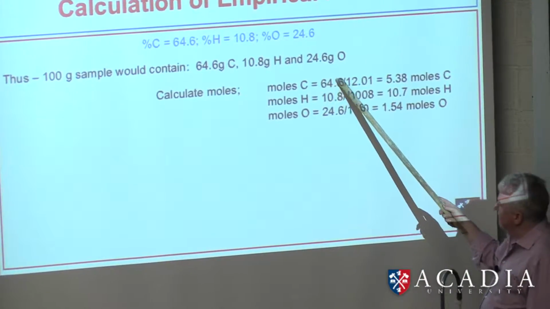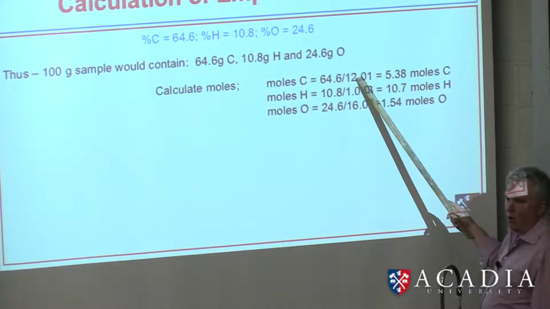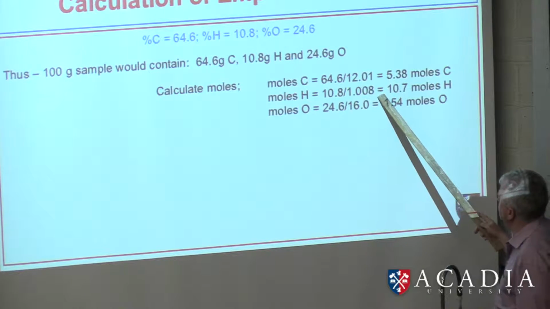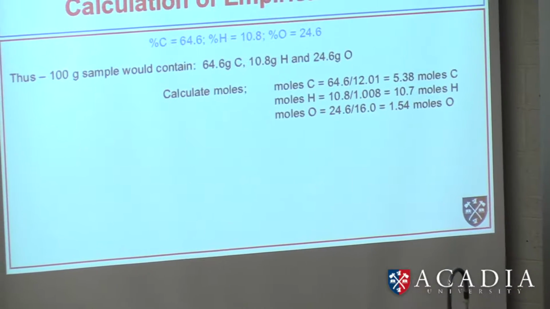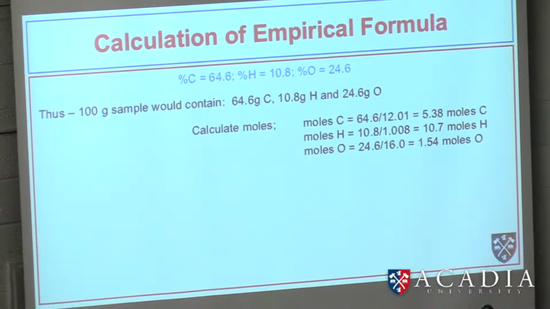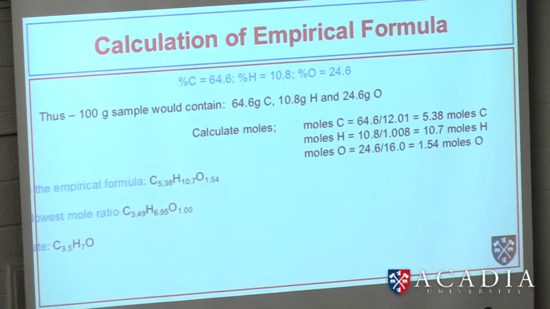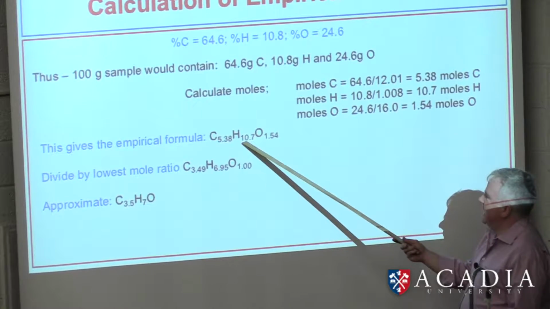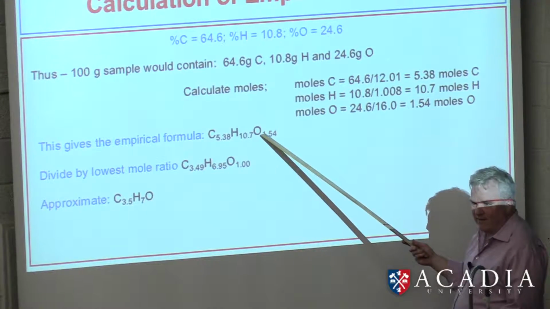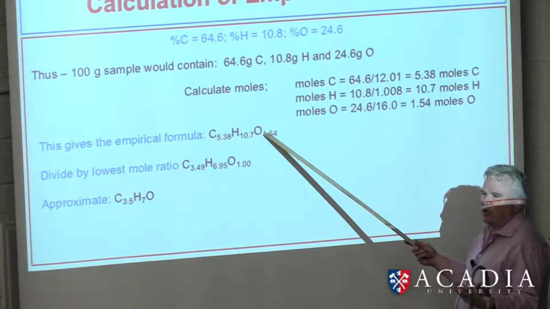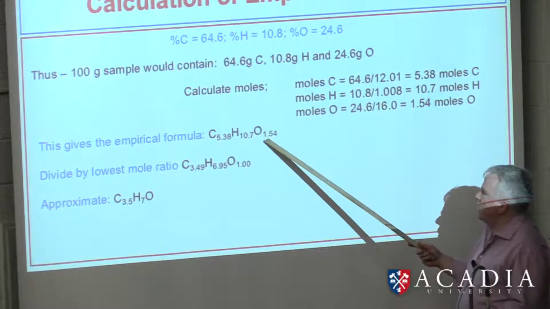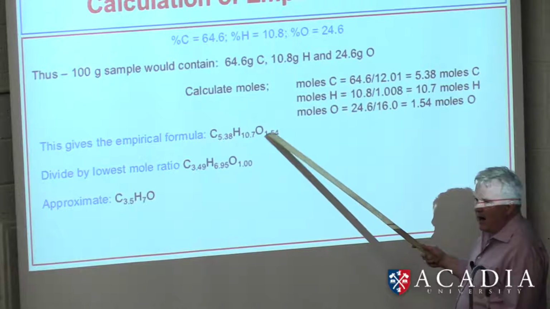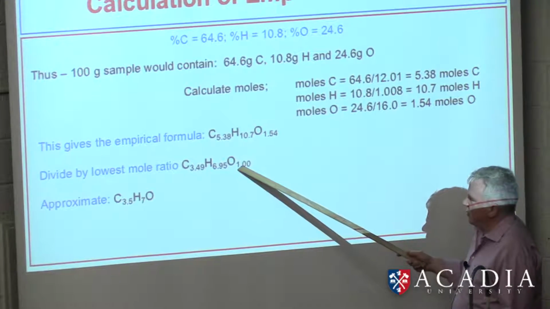We just divide the mass by the atomic mass of each of those elements. And we get something that we can call an empirical formula, and that is C5.38 H10.7 O1.54. That doesn't look like any molecule I know of. So what we will do is take the lowest coefficient and divide each of them by that. That gives us 1.